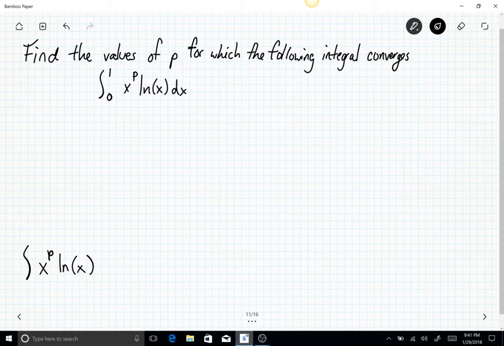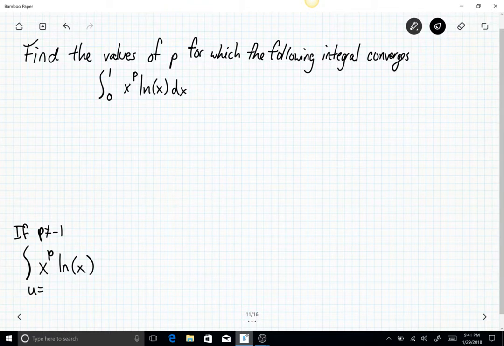So now, as long as p doesn't equal -1, and that becomes a different case, which I'll discuss in a second, if p does not equal -1, so what's going to happen? Well, in that case, we get this integral.